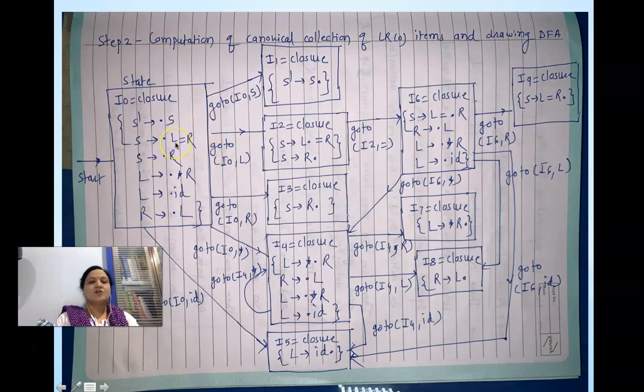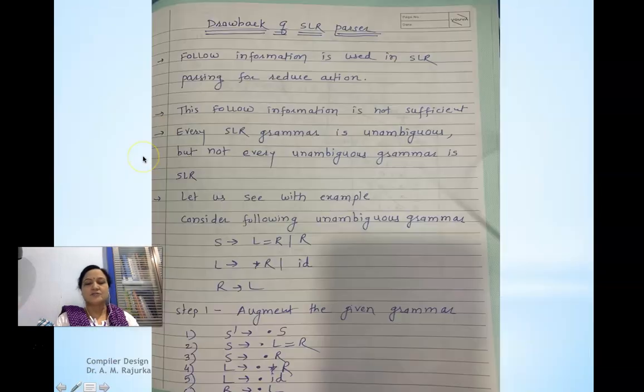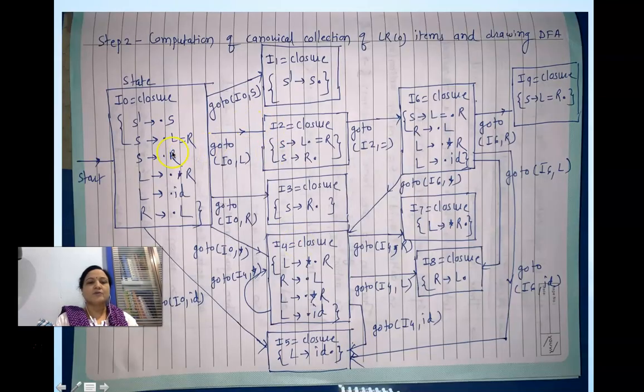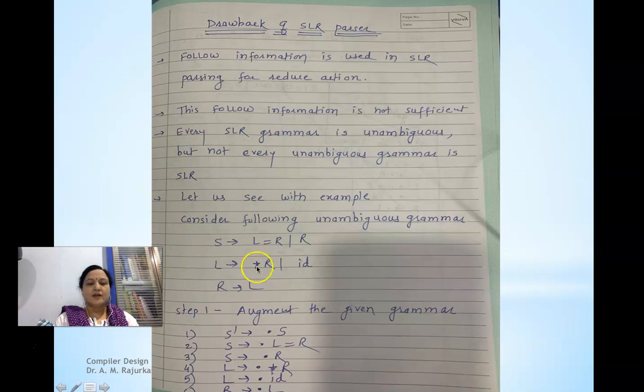Now, again after the dot a non-terminal is there, so we are going to add the L productions. But before that, S is having 2 productions. If you see the original grammar, S is having L equals to R as well as S tends to R. So, we are adding both S tends to dot L equals to R and S tends to dot R. Now, since L is after the dot, we are adding the productions of L. There are 2 productions of L, L tends to star R and L tends to ID.